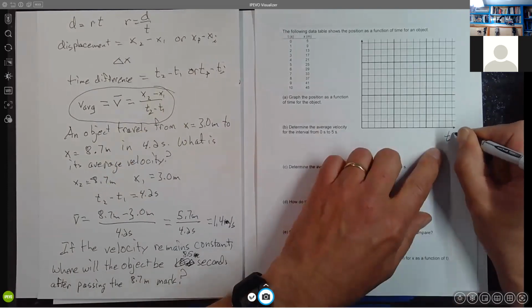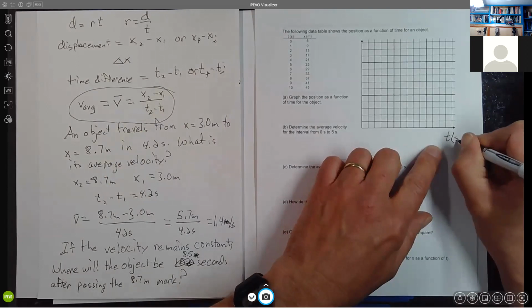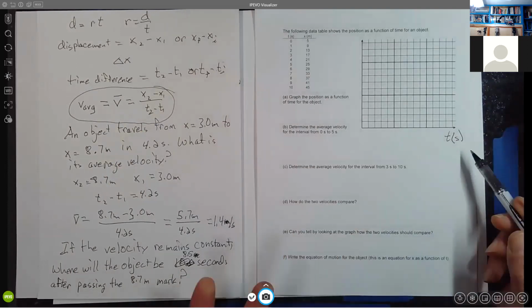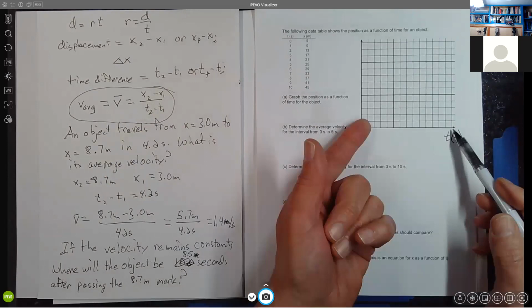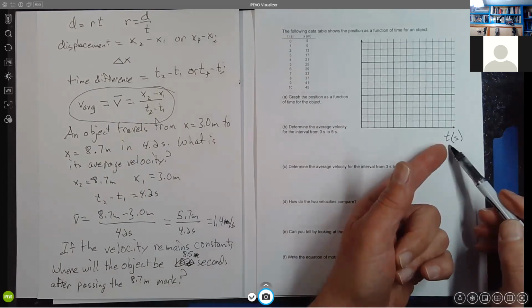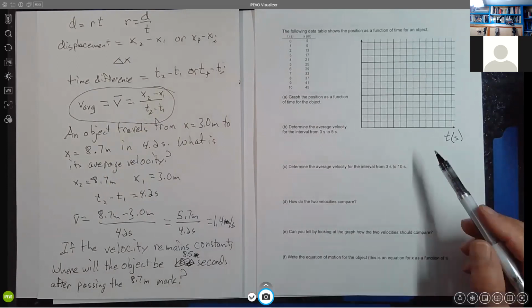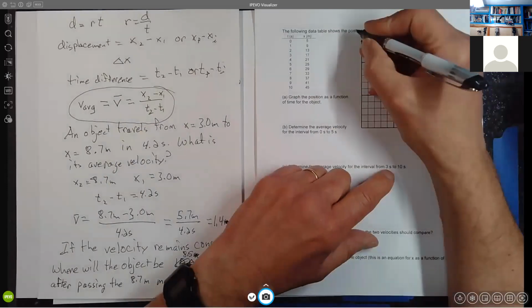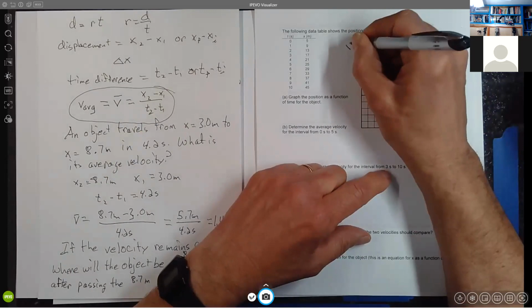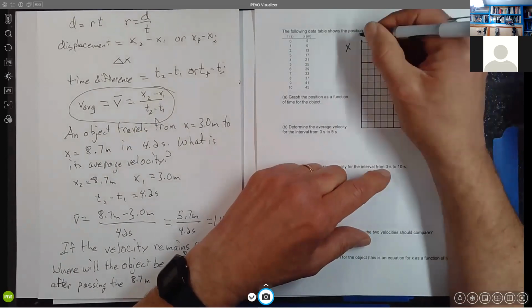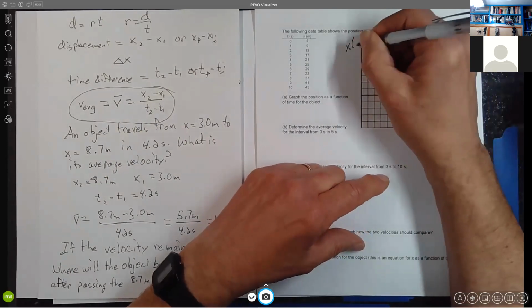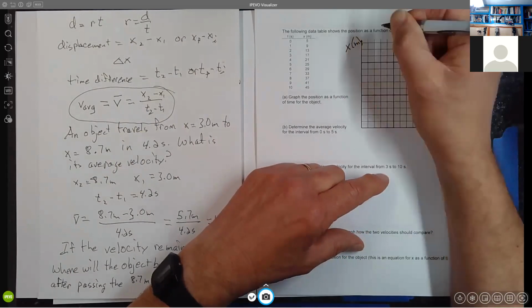And we're going to measure the time in seconds. And whenever I make graphs, I label the axis with the quantity it represents, in this case time, and the units for that. So that's what I'll have. And on the vertical axis here, I'll have x. And so I'll have x measured in meters on there.